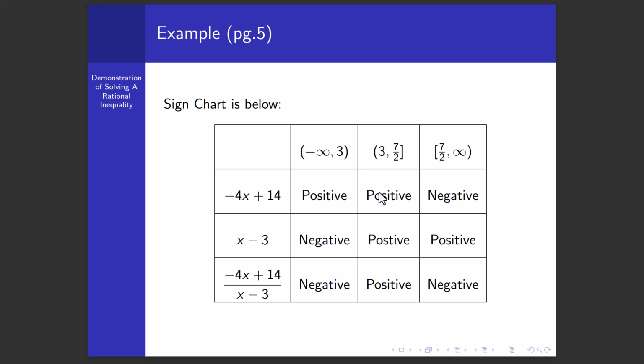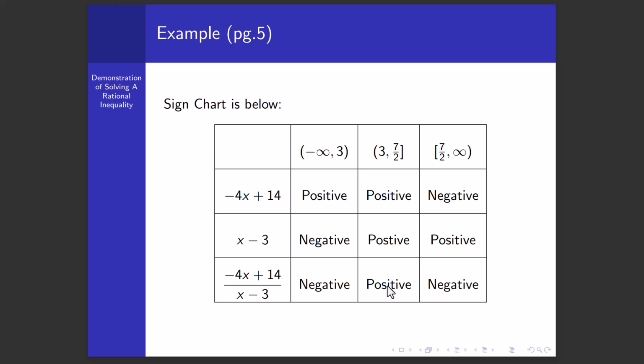Now, when I take the ratio of a positive and a negative, I get a negative. When I take a ratio of a positive and a positive, I get positive. And when I take a ratio of negative and positive, I get negative. Notice that the end behavior also told me that I'm going to start negative and I'm going to end negative. 3 had an odd multiplicity, which means it had to change sign.